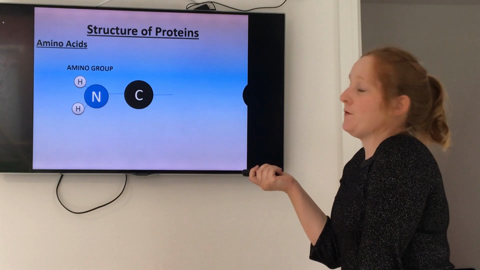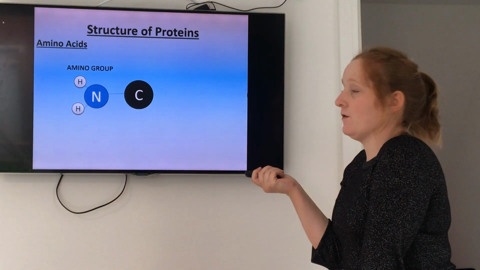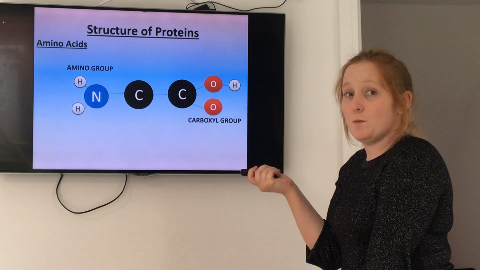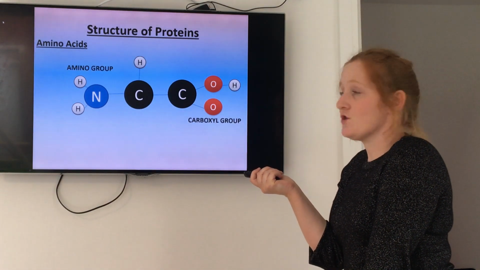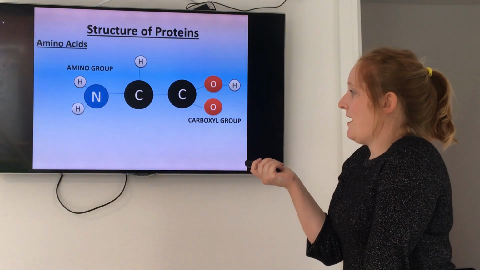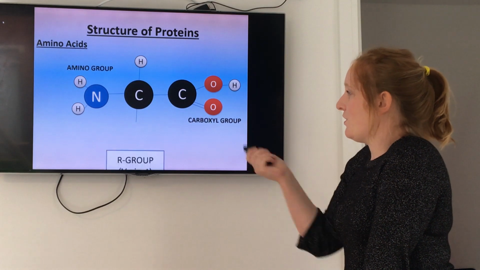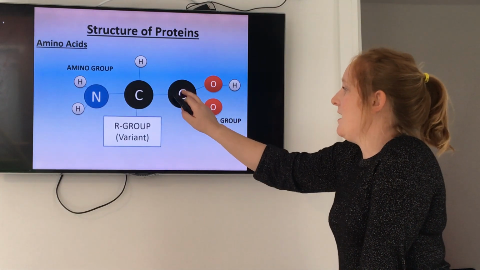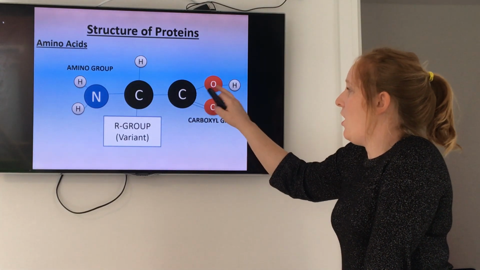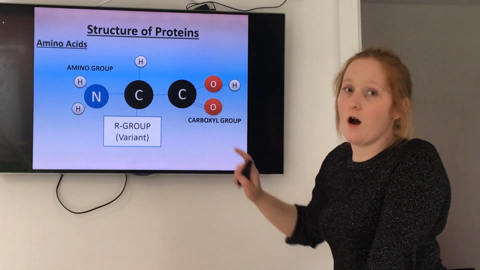On the other side you have a carboxyl group, which is C double bond O OH.